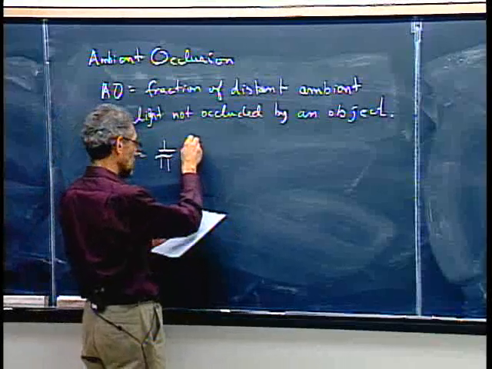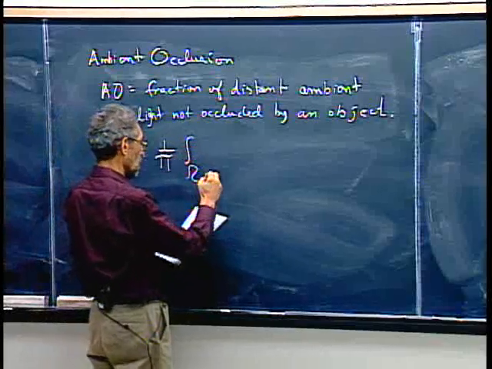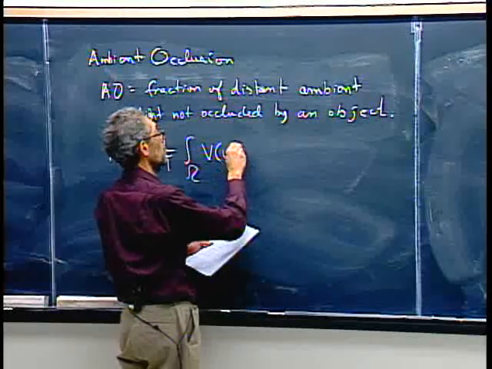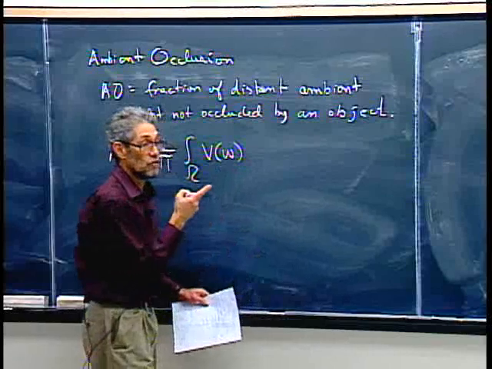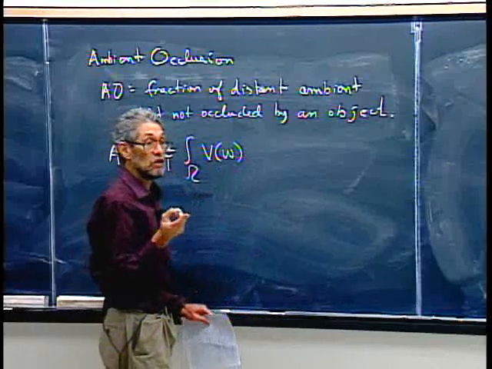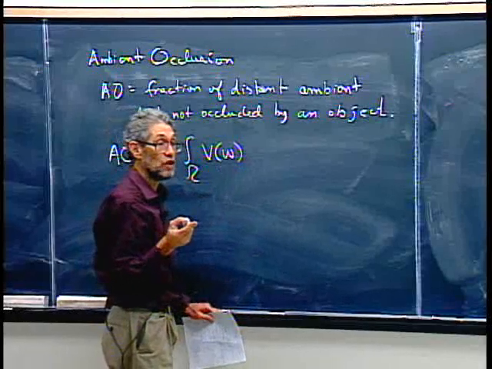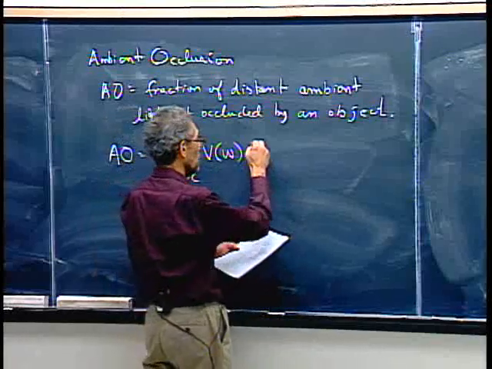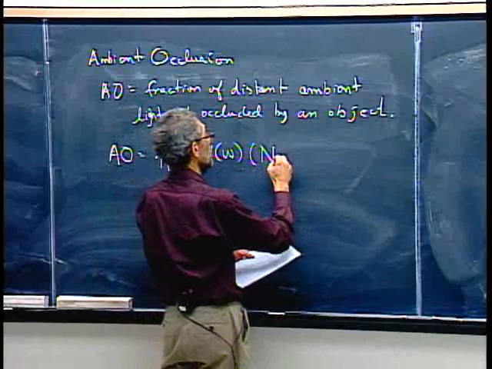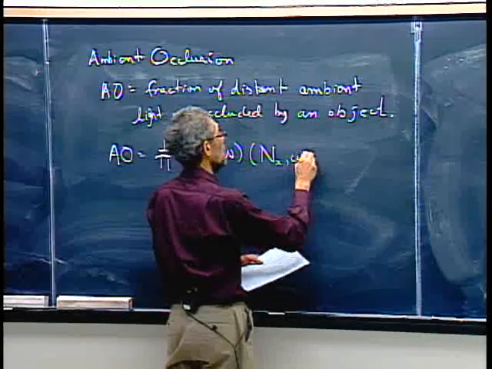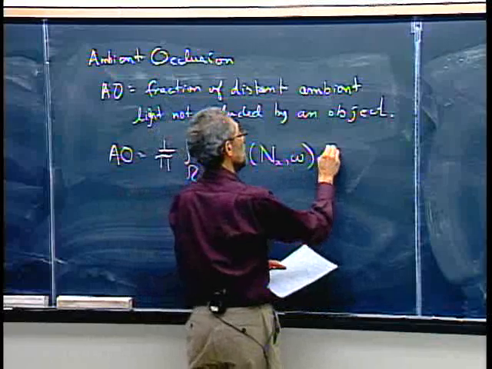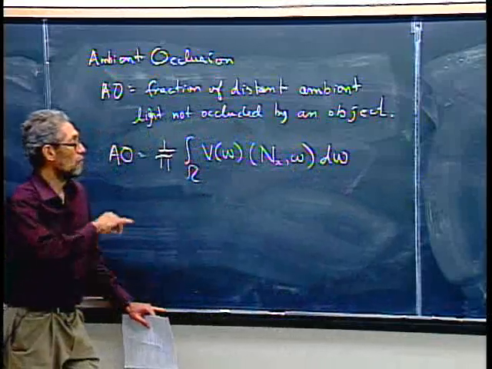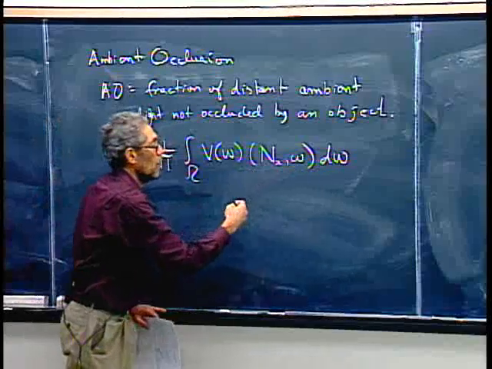So to turn it into a fraction between 0 and 1, we integrate over this hemisphere the visibility of distant illumination. That means trace a ray from a point and see if it hits the object. If it does, this will be 0, otherwise it'll be 1, and then you assume that you have ambient illumination coming in from that direction, d omega. So this is the unoccluded fraction of the hemisphere weighted by this cosine factor.